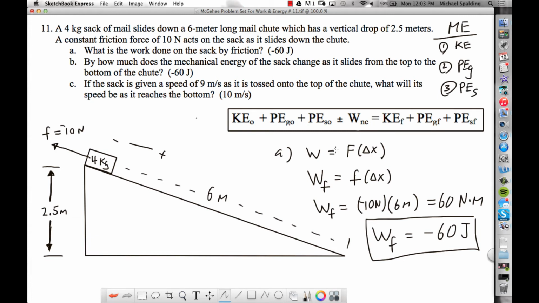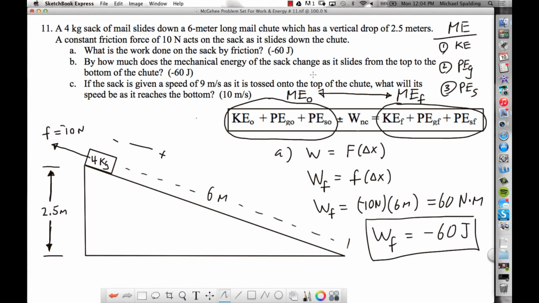So look, in this big master equation that I have here, this circle would represent mechanical energy initial. This circle would represent mechanical energy final. Mechanical energy initial and mechanical energy final will be the same unless what?